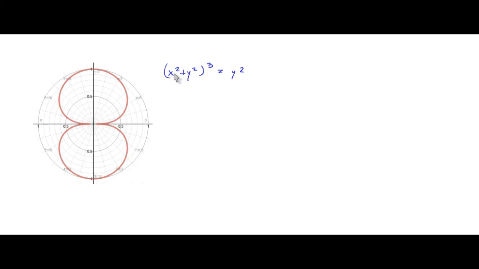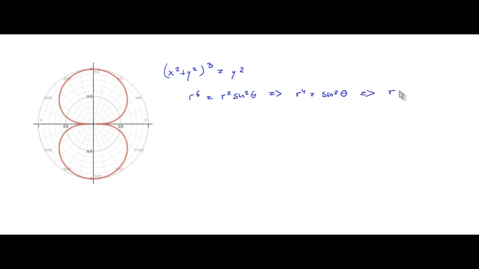Okay, so remember that x squared plus y squared was equal to r squared, so this is r squared to the cube, so this is r to the 6, and y squared, y was r times the sine of theta, so this is r squared times the sine squared of theta. Okay, in other words, this is r to the 4 equals sine squared of theta.